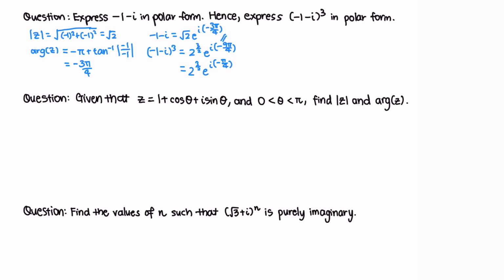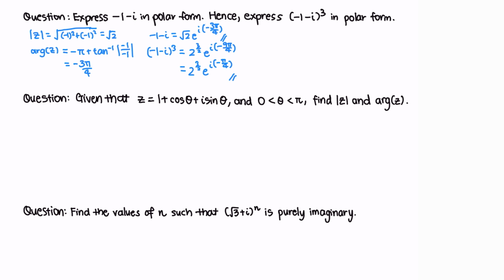So in general, if our argument doesn't come into the principal argument range, we can add or subtract 2k pi, where k is an integer. So we can add 2 pi or subtract 2 pi to the argument to help us achieve the principal argument range. So that is negative 1 minus i to the power of 3 expressed in polar form.